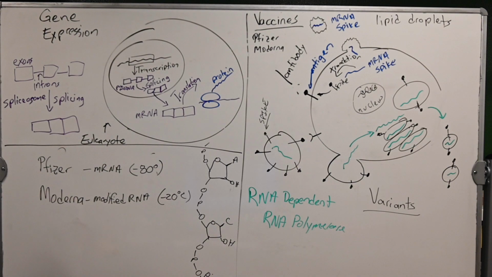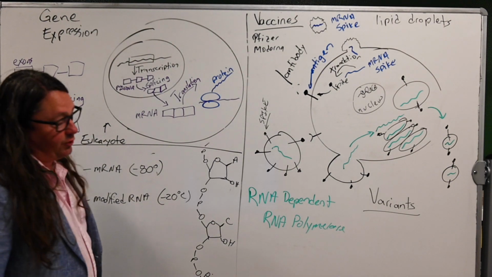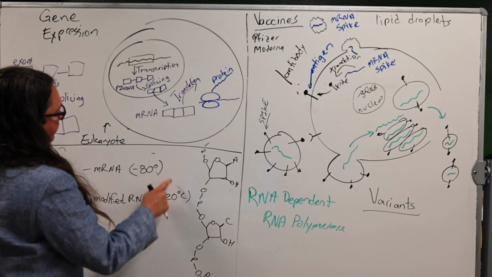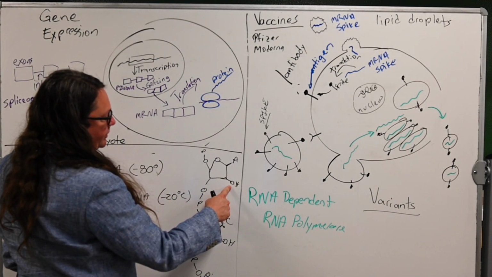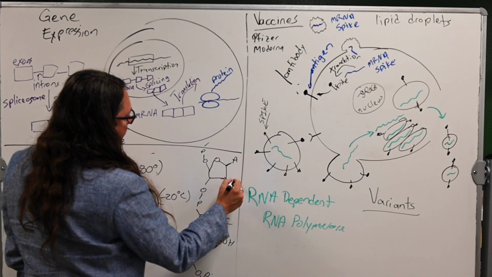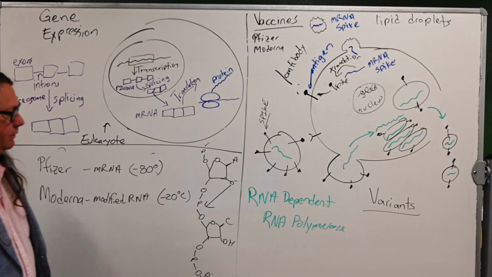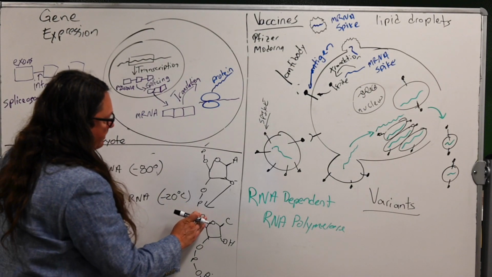And this is the problem for scientists. Obviously it works just fine in the body. And that's why there's this difference. This oxygen in water or in solution will attack that phosphate and you'll lose that bond.